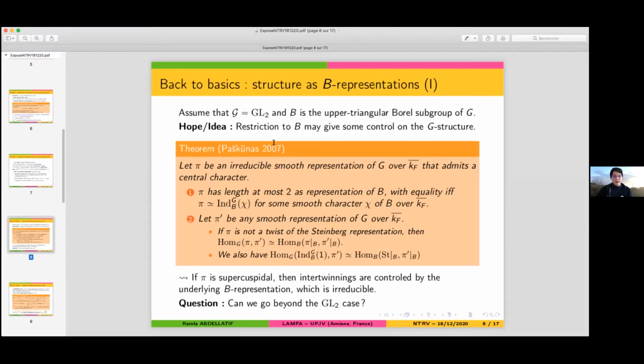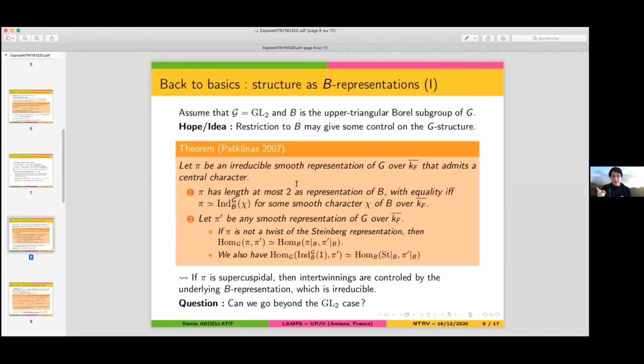So it's this really big and nice result of Paškūnas that tells you that if you start from an irreducible smooth representation with a central character of G over an algebraic closure of the residue field of F, then it's at most of length 2 as a representation of the Borel subgroup, which means that when I restrict it to B, then I have at most 2 irreducible representations of B that show up in pi.